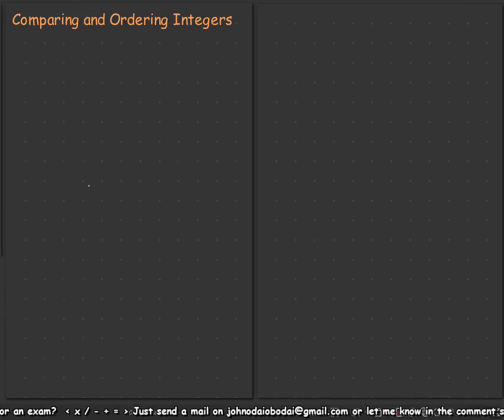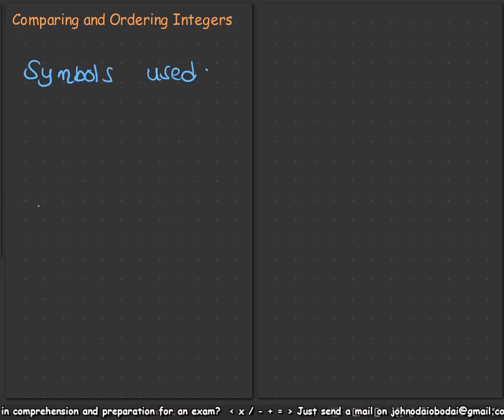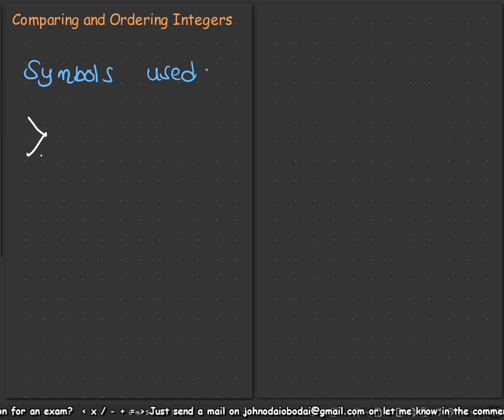With that said, if we want to compare numbers in general, there are some symbols we use. The first among these symbols is this one we have over here. That is, it is greater than. So you would see that for this symbol, there are two faces. We have the open face here and then the closed face here.